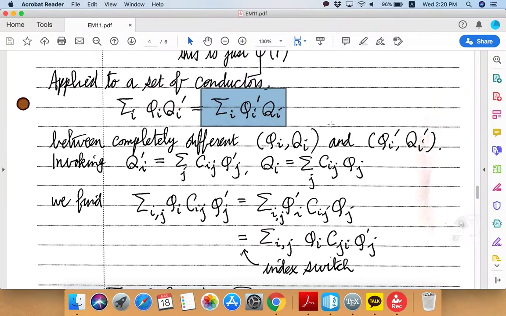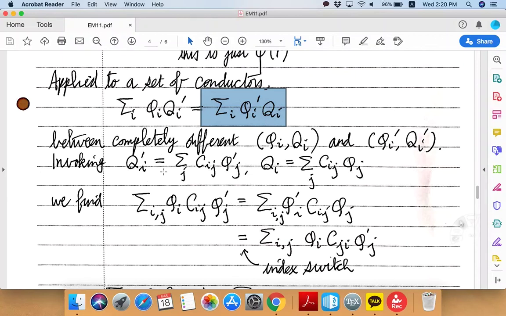Okay, and this is not very intuitive, but not all valid proofs have to be intuitive, as we have just shown. This is obviously true. So we can keep on using this fact and explore some interesting consequences.